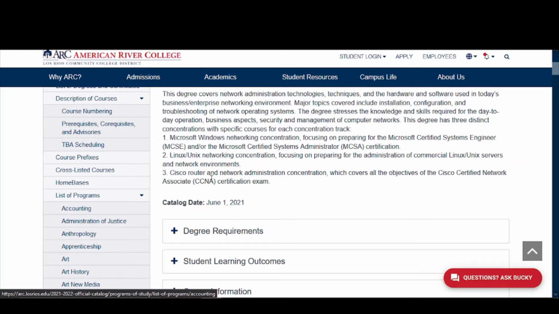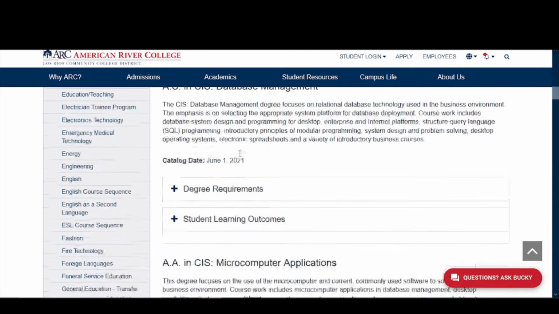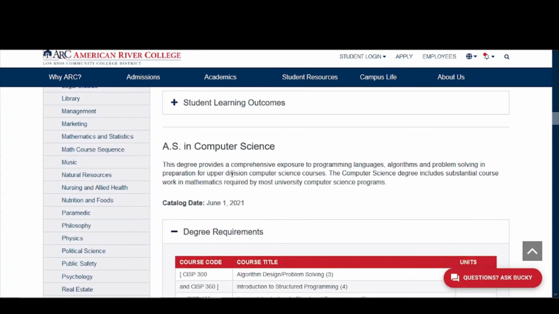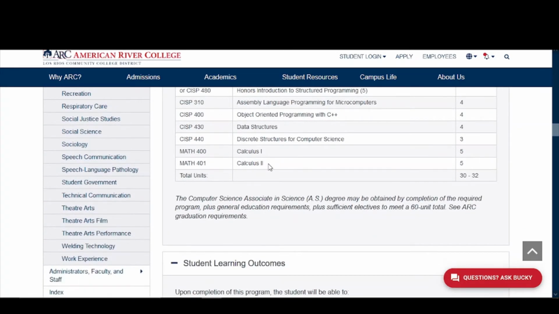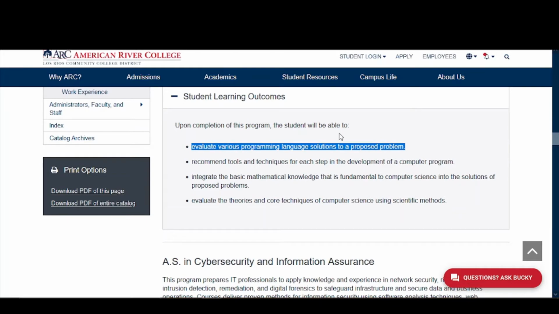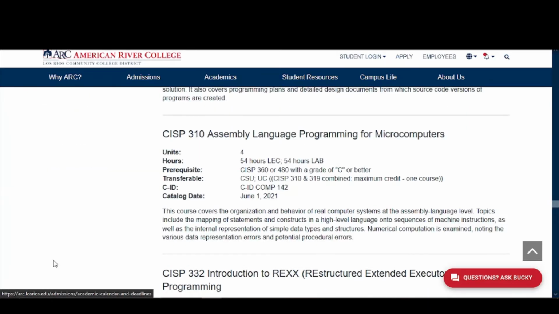So it is very time consuming to manually look at all of them and say, okay, if, for example, I look at evaluating various programming language solutions to a proposed problem, none of these are guaranteed to use the exact same wording.